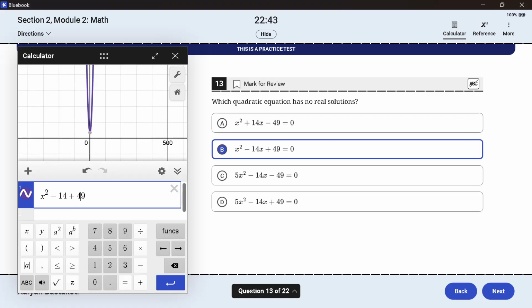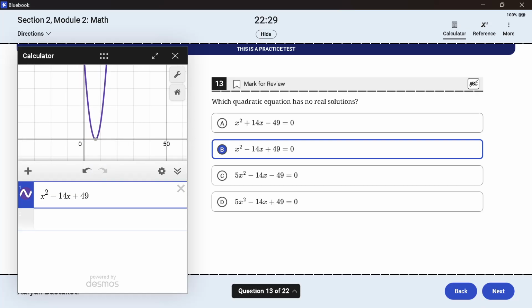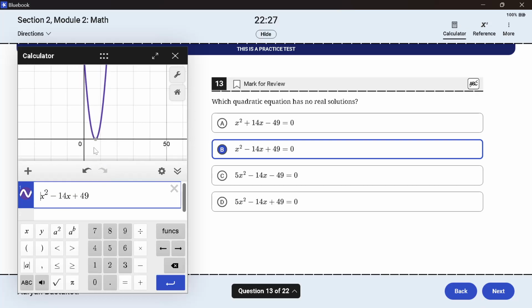Let's check the others as well to see how you know if it's a solution or not. Oh wait, I think I missed something here. 2x. Oh, so this is a solution. B is also a solution since it is crossing the x-axis. 5x squared - 14x - 49.